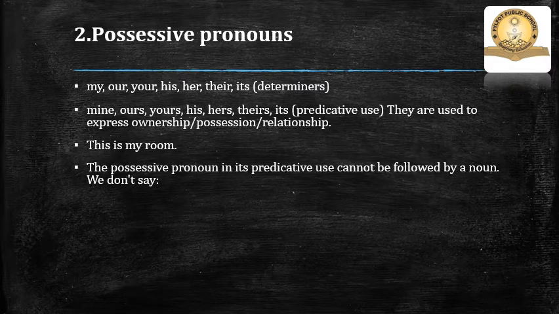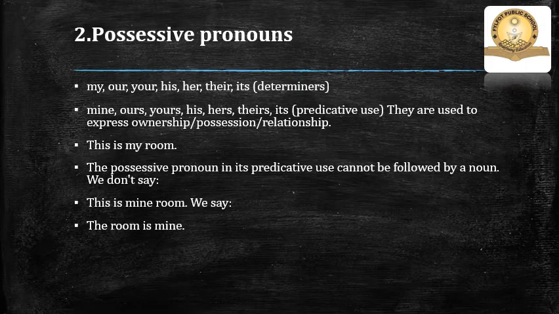Fine. So when we are using a possessive pronoun as a predicate, then it cannot be followed by a noun. For example, we cannot say "this is mine room." We cannot use a noun, room, after it. We cannot use it after your pronoun. Instead, we are going to use "the room is mine."